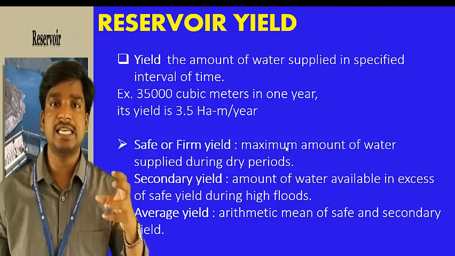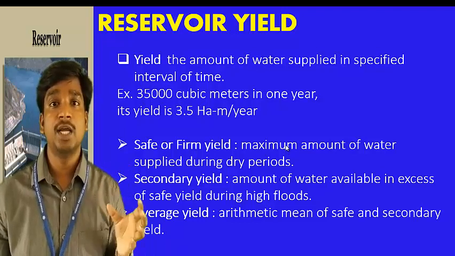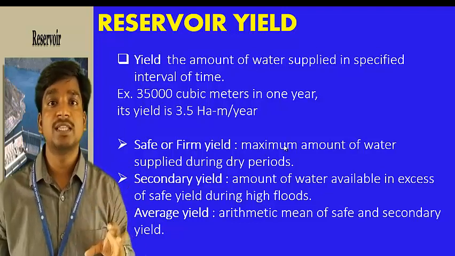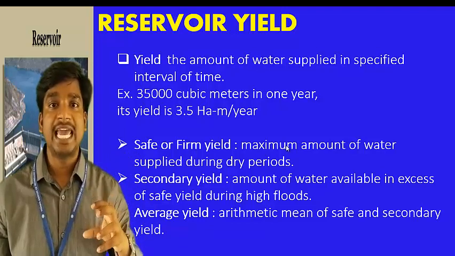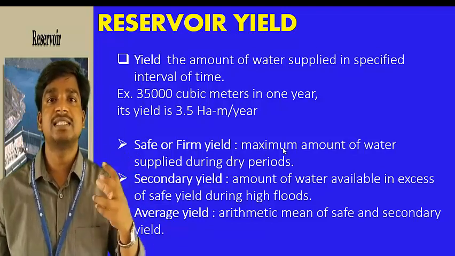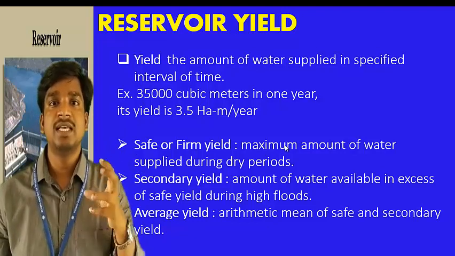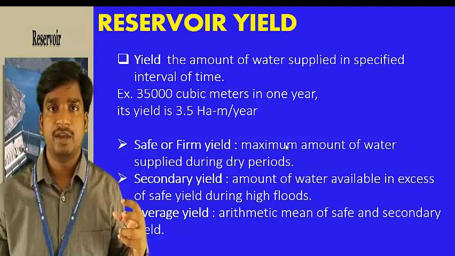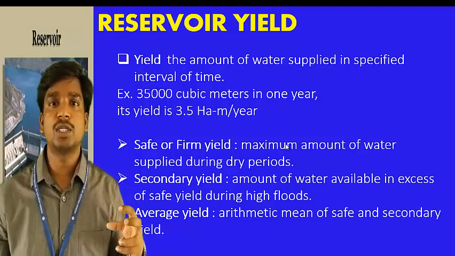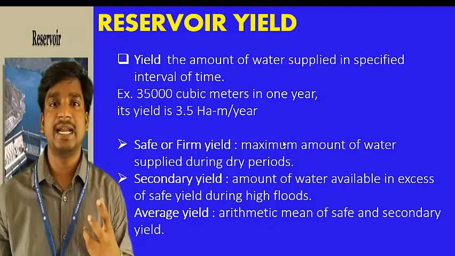We already have the safe yield, the maximum quantity of water available in the reservoir, but during heavy floods the water level increases. Means we have an excess water level over the safe yield. So this available water is called your secondary yield. As and when required, apart from the safe yield, we can also use the secondary yield water. So that is about secondary yield.